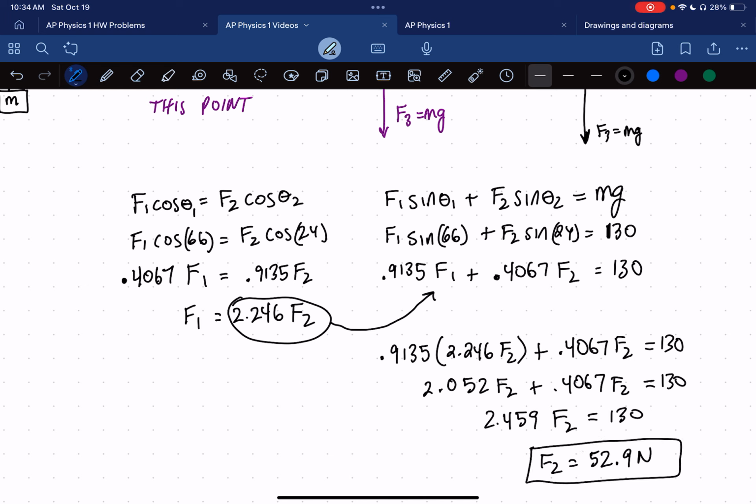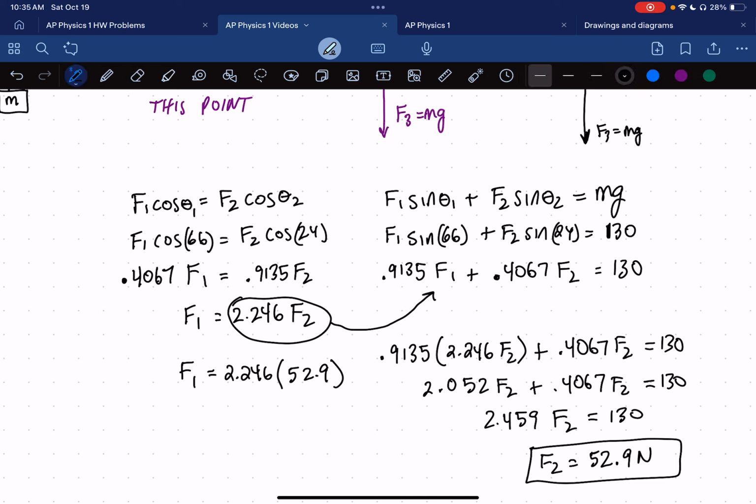If we substitute that back into this equation over here, we get F1 equals 2.246 times 52.9 newtons. I get 118.9.